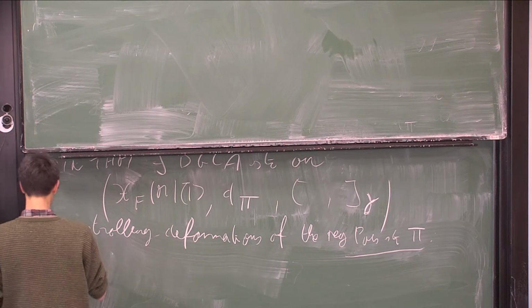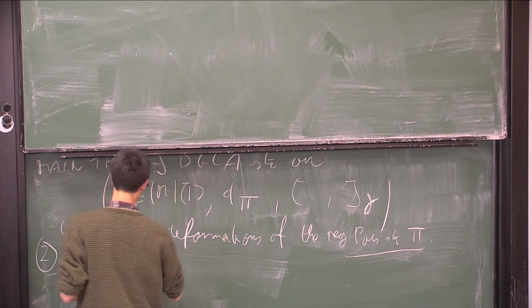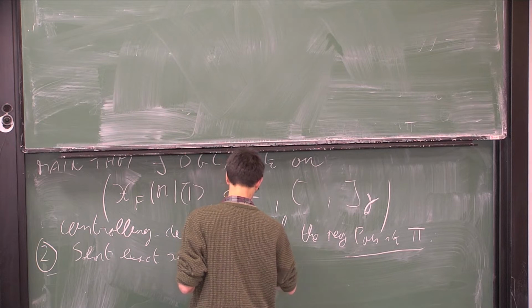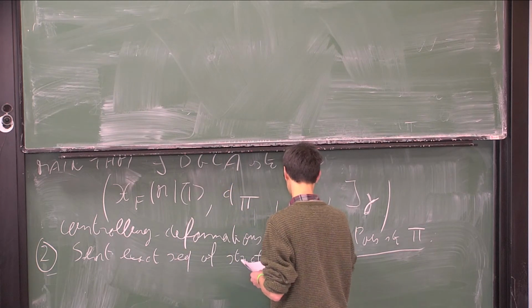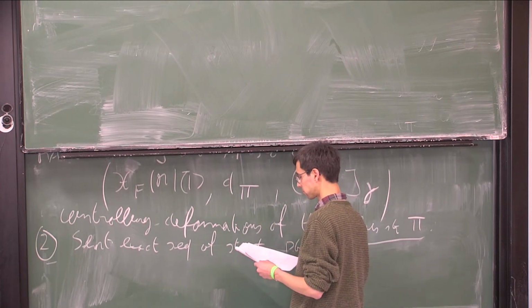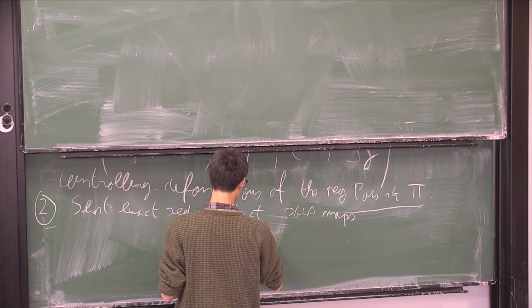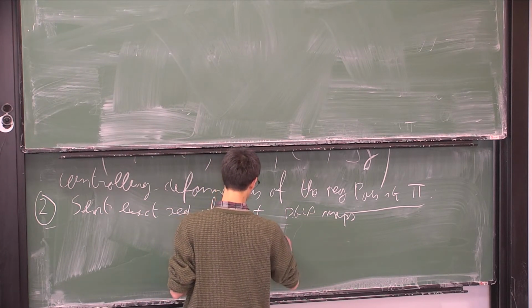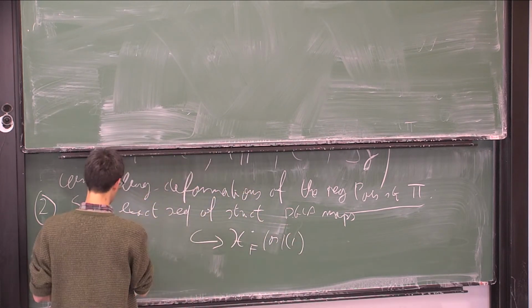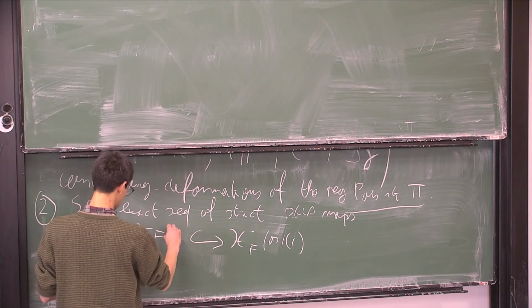So, to put this a bit in context, there is a short exact sequence of strict DGLA maps. In the middle, I put these good multivector fields. Inside here, there are the multivector fields tangent to the original symplectic foliation.